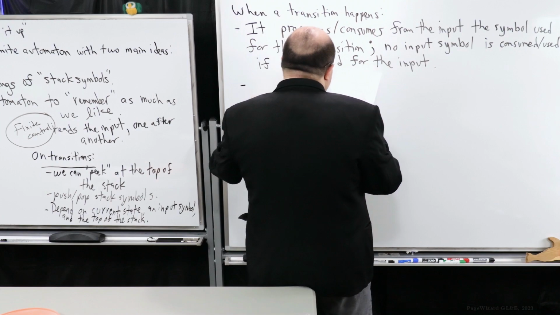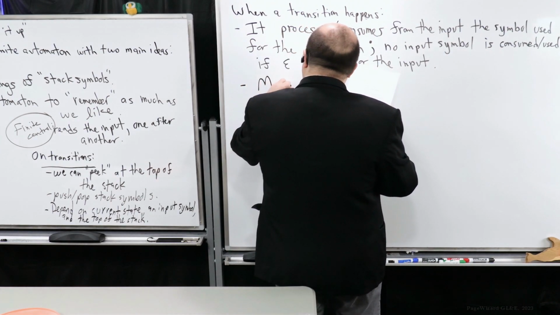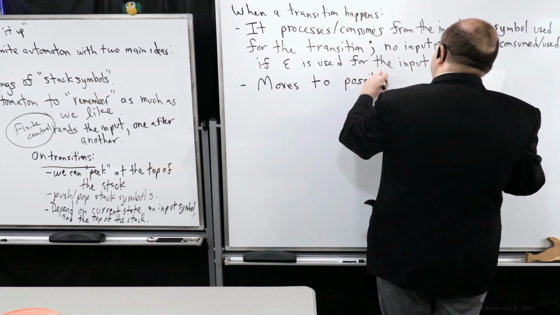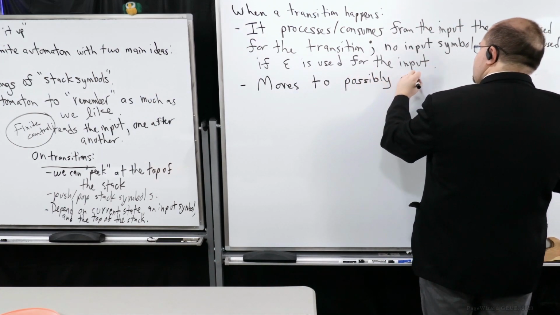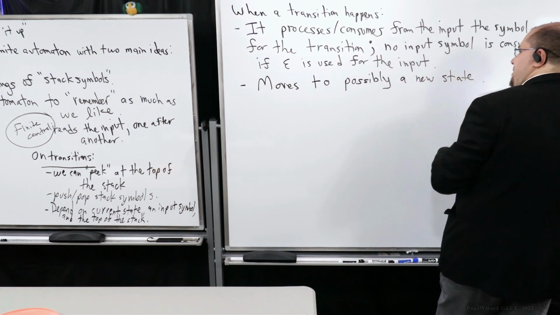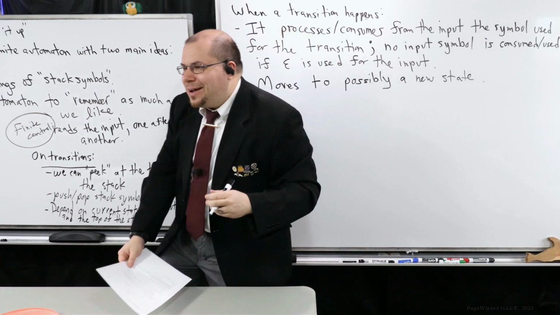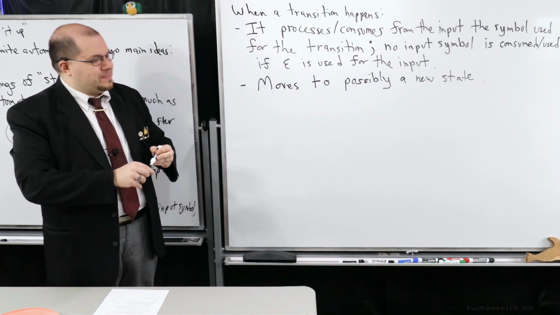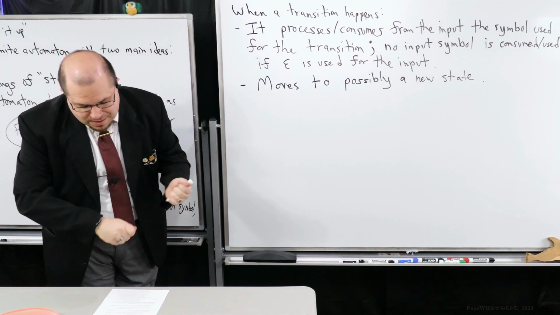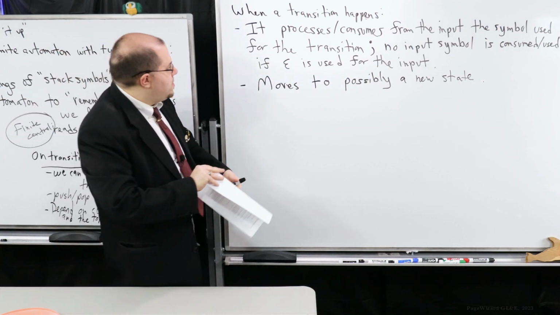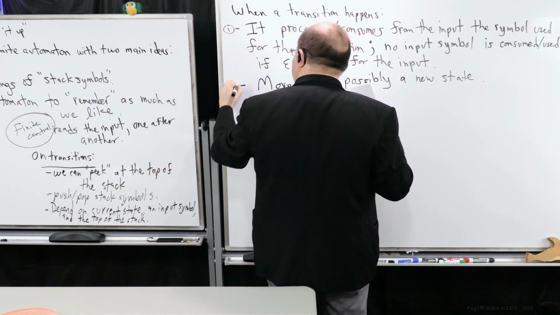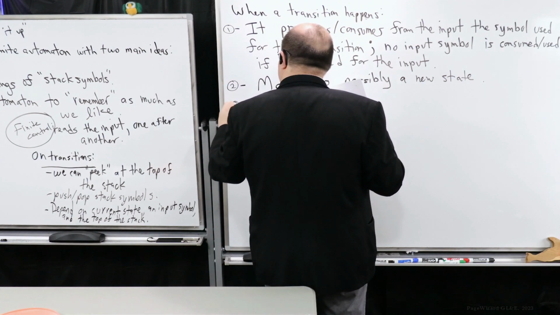So upon doing this, it moves to possibly a new state. So it can transition to another state. Then something else happens, and this is something that makes it different from things we've seen up to this point. Maybe I'll number these: 1, 2, 3.